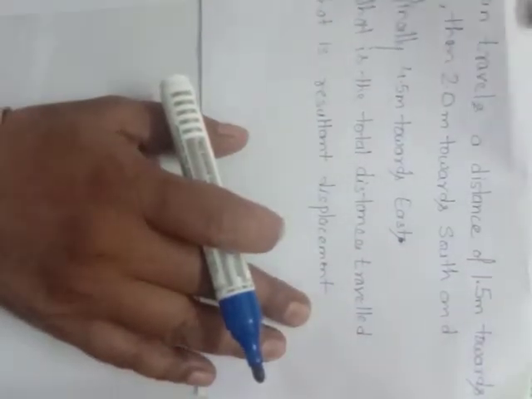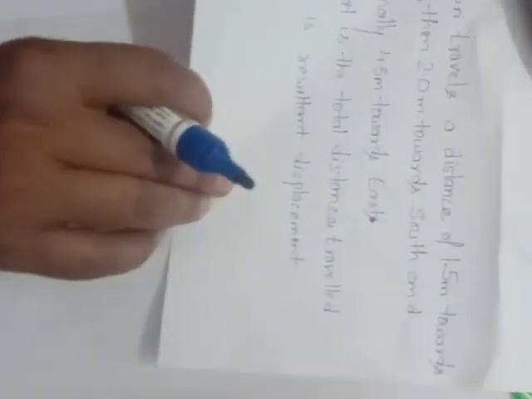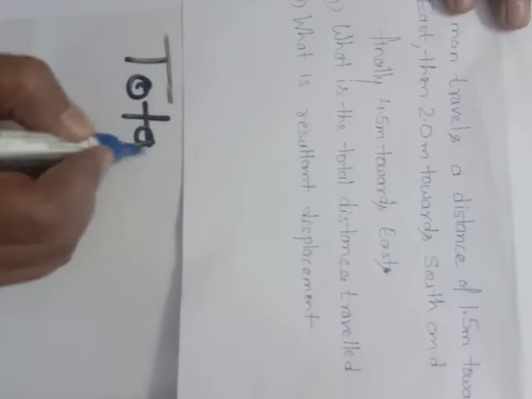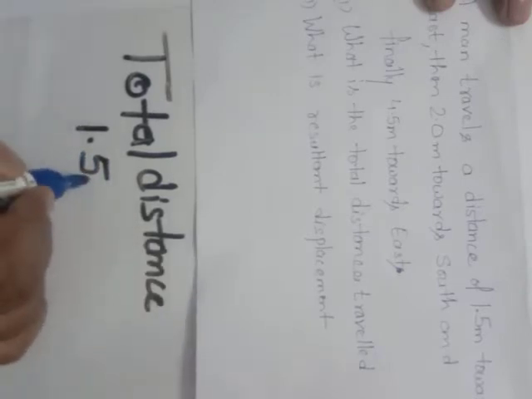So the distance a man travels will be the total movement, that will be the total distance, that will be 1.5 meter plus 2.0 plus 4.5 meter.